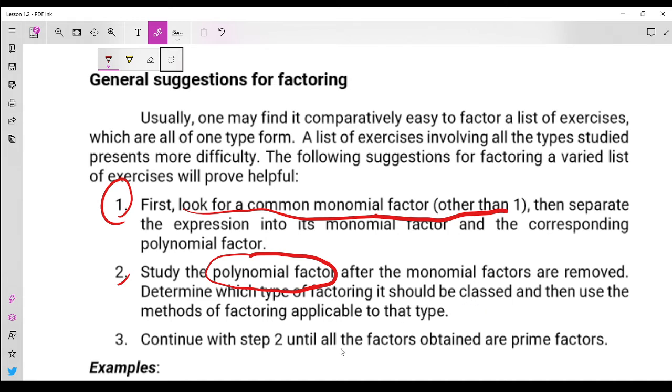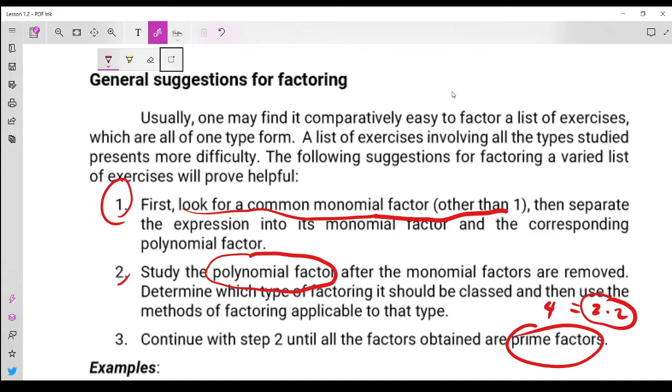Next, continue step 2 until all the factors obtained are prime factors. When we say prime factors, we can no longer factor them. For example, 4 is not a prime factor because we can still factor 4 as 2 times 2. So 2 and 2 here are prime factors because we can no longer factor 2.